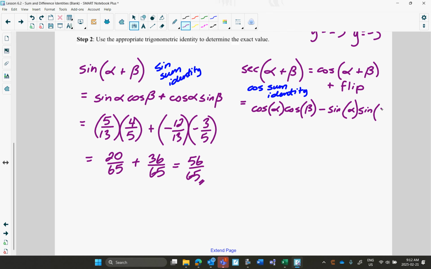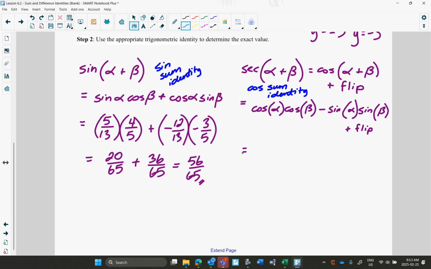You don't need the parentheses here, not necessarily. And then remember, we're flipping this. So I'm just going to keep reminding myself. But I got to remember to flip this final answer when I get it.